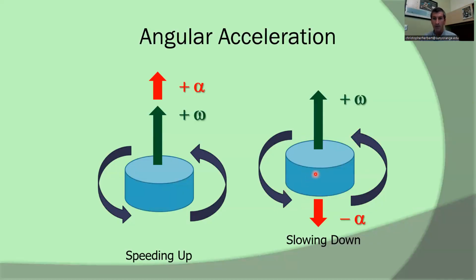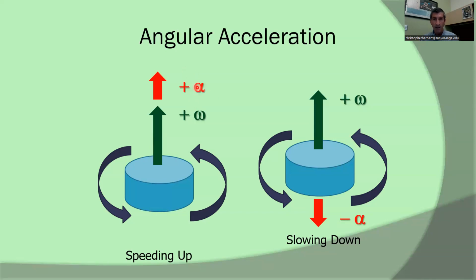So in these 2 examples, we have a positive angular velocity, just to keep everything simple. It's rotating in the counterclockwise direction, so our angular velocity is in the positive z direction in both cases. If we're speeding up, however, this vector is getting larger and larger, so that indicates that our angular acceleration is also pointing in the positive z direction.